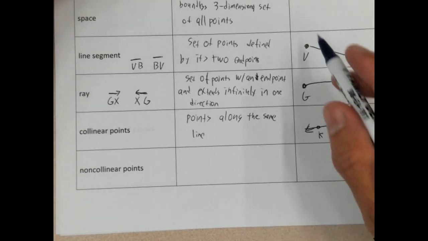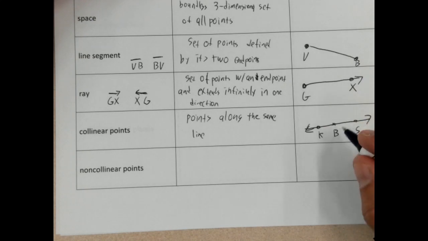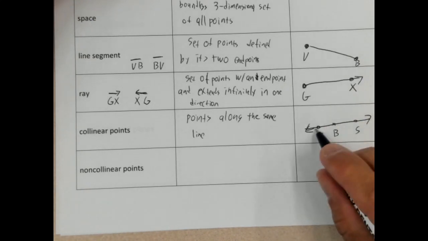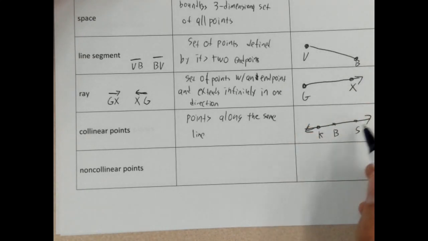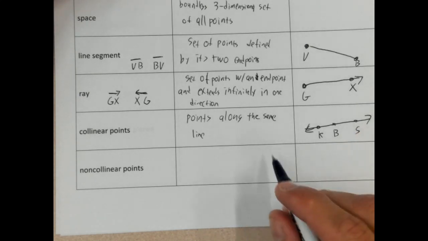And this is an example of what I just said. If you had two opposite rays, ray BS and ray BK, that would create line KS. There's a bunch of different ways to name this line, like KB, BS, SK, SB. There's a whole bunch of different ways of doing it.